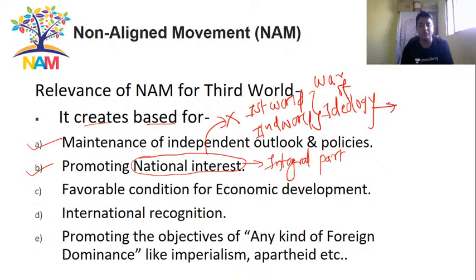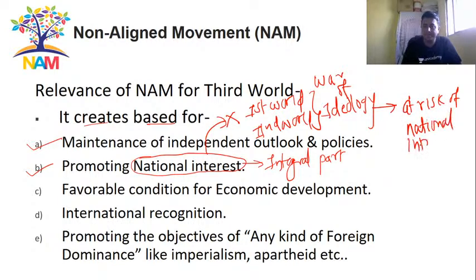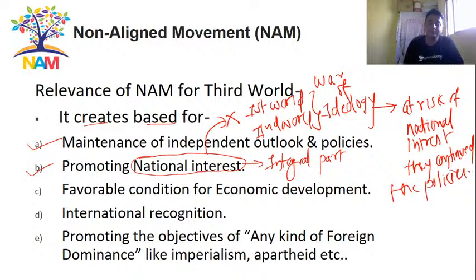Because of the war of ideology, at the risk of national interest, they continued the policies. Clear?